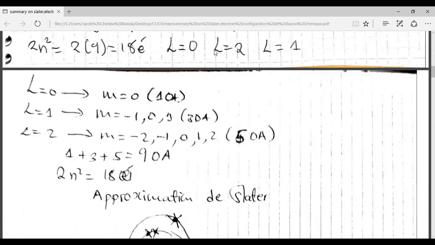So that difference was very remarkable in such a way that Schrodinger's equation was somehow not really capable of calculating the energy of polyelectronic atoms.